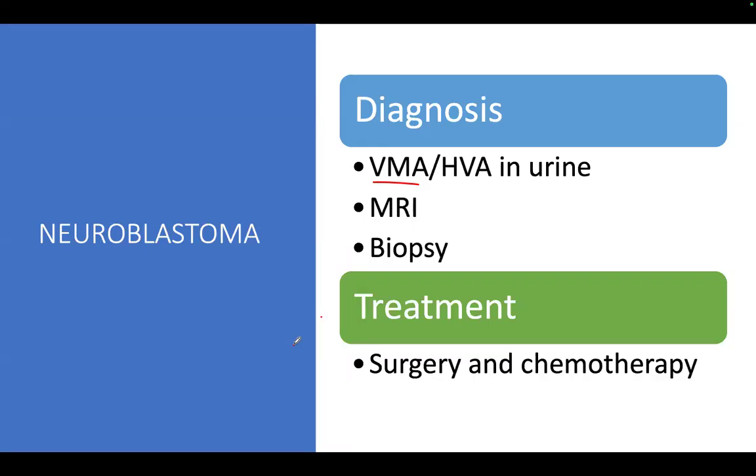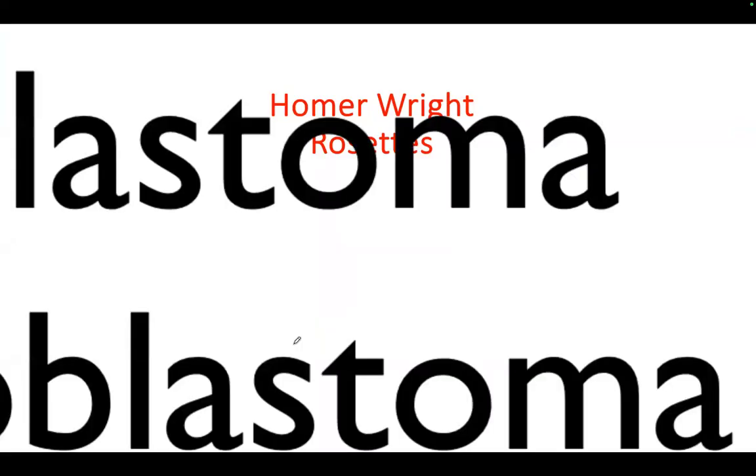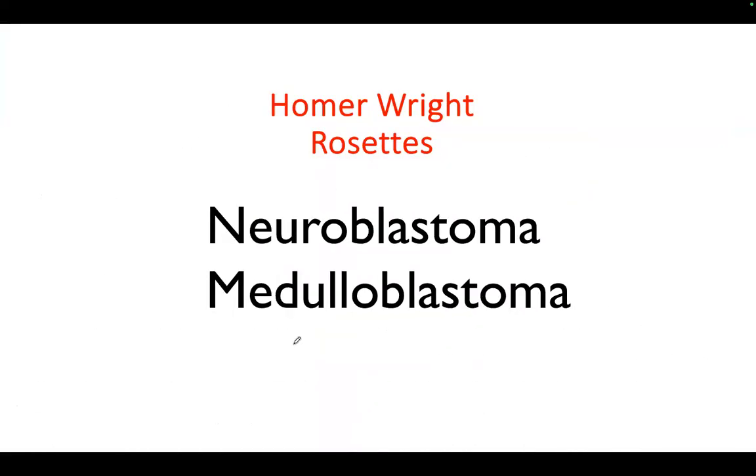This is the famous Homer Wright rosettes. Actually, it's Homer Wright pseudo rosettes, if you want to be strict in the book. Take note, Homer Wright pseudo rosettes are seen in both neuroblastoma and medulloblastoma.